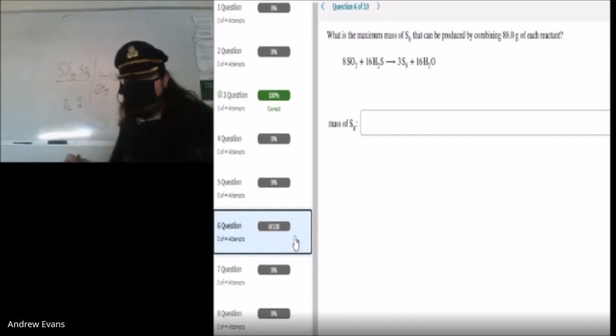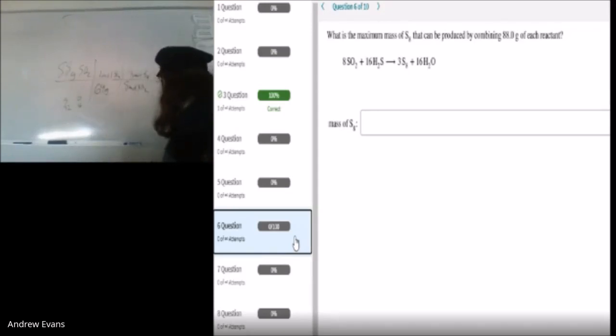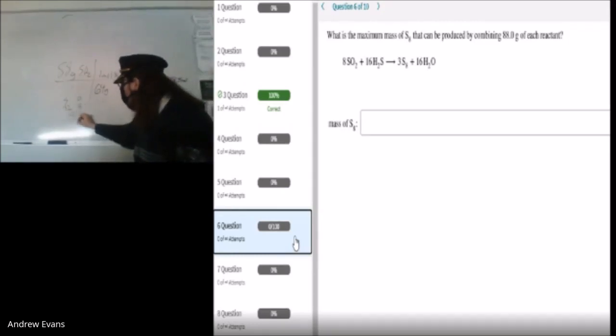So how many moles of S8 could 88 grams of SO2 produce? Real quick, 88 divided by 64 divided by 8 times 3. So that could produce 0.515625 moles.